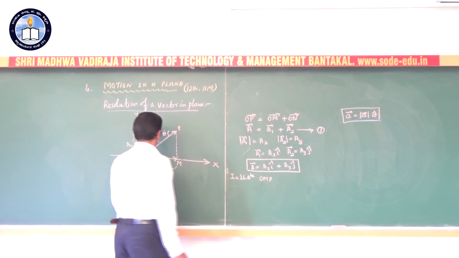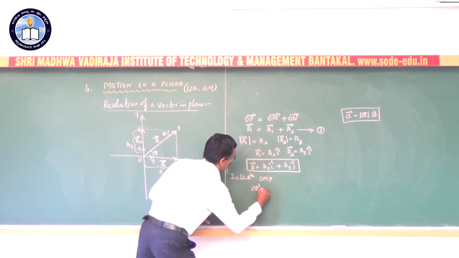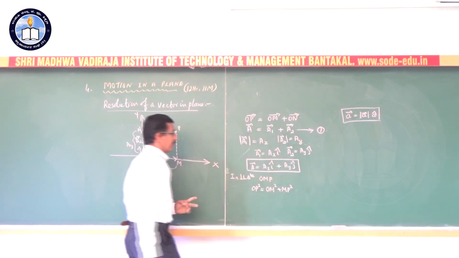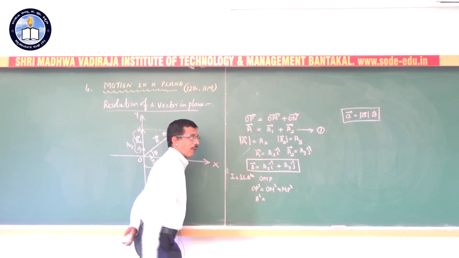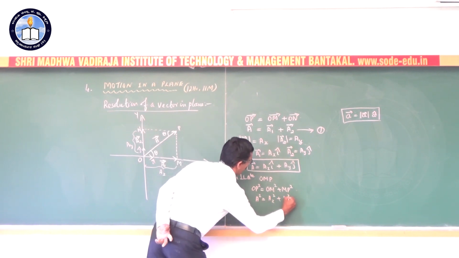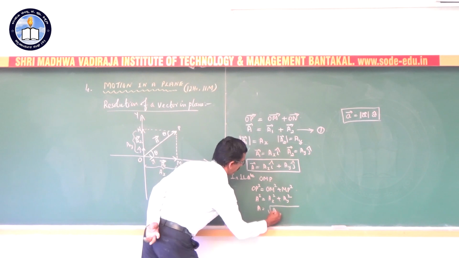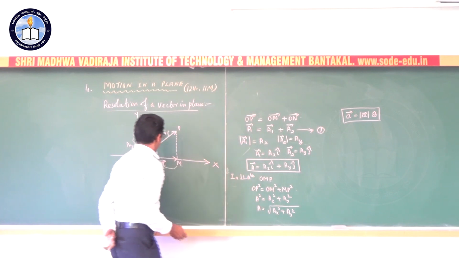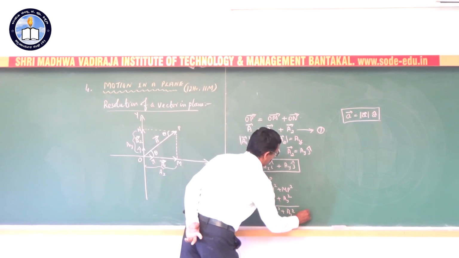In right angle triangle OMP, OP square is equal to OM square plus MP square, or A square is equal to AX square plus AY square, or A is equal to square root of AX square plus AY square, where A is the magnitude of the given vector.